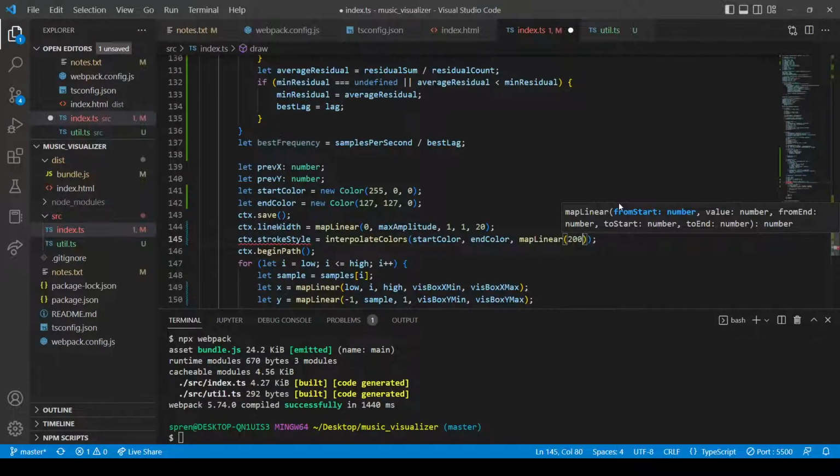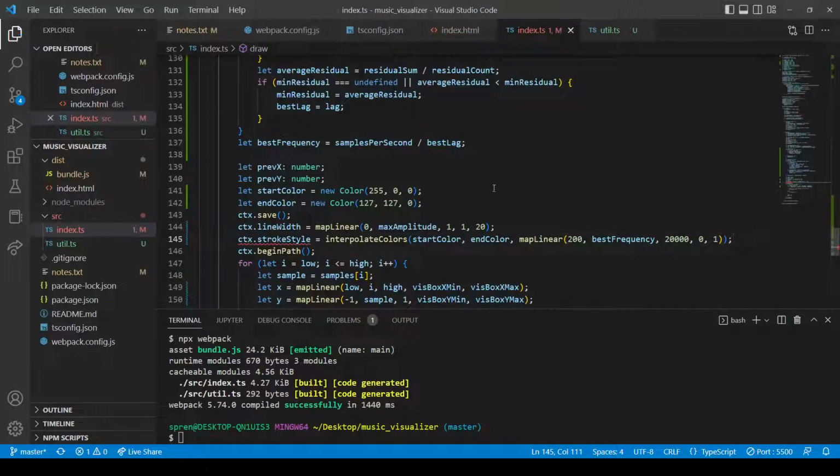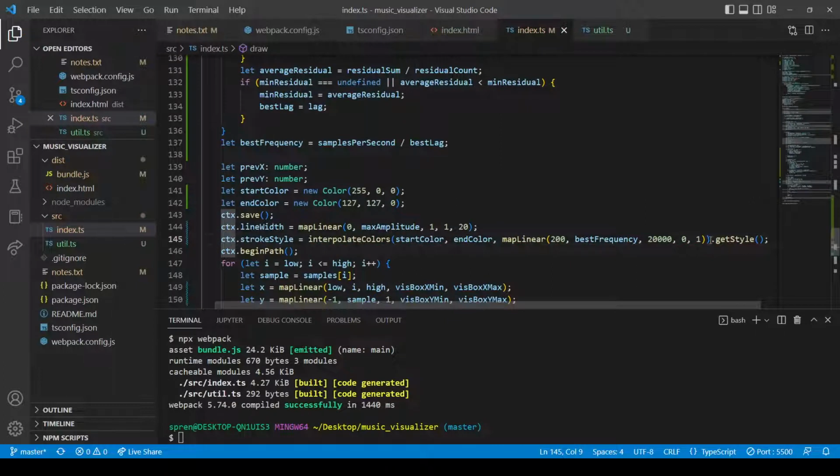Let's say 200 to, well, I guess 20,000? Because our sample rate is 44,000? Oh, this is not wise.